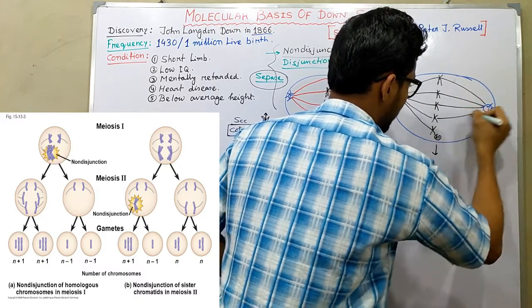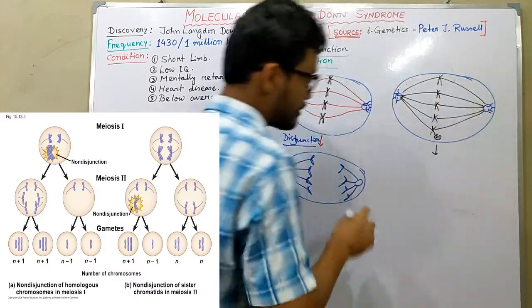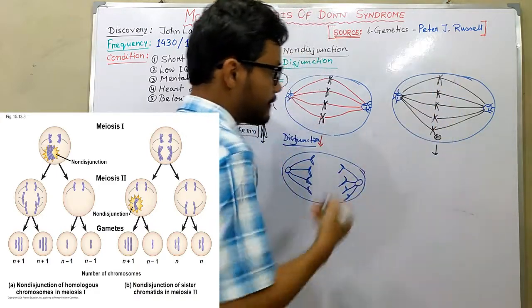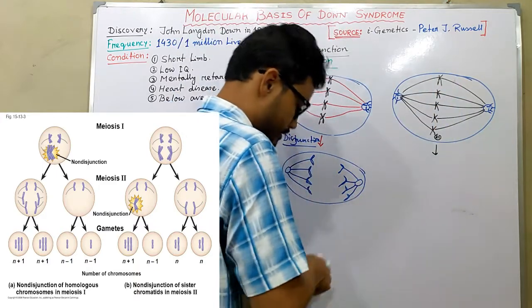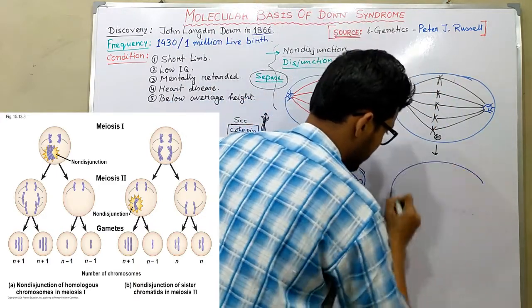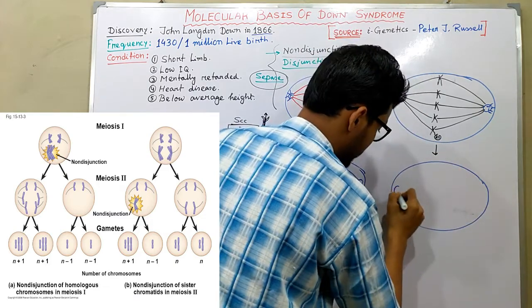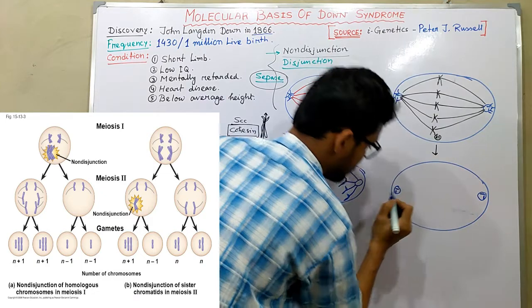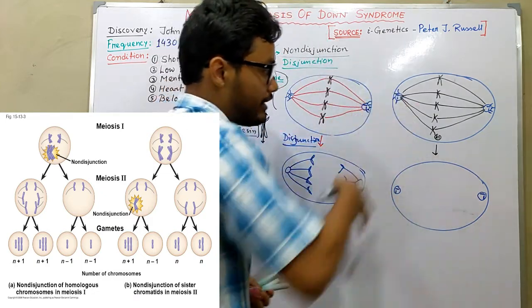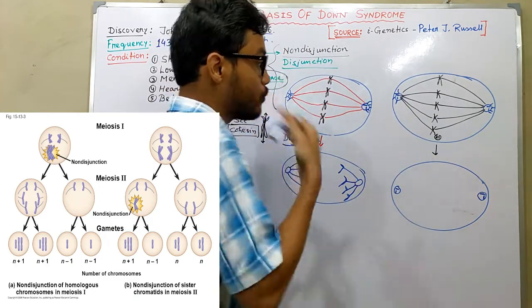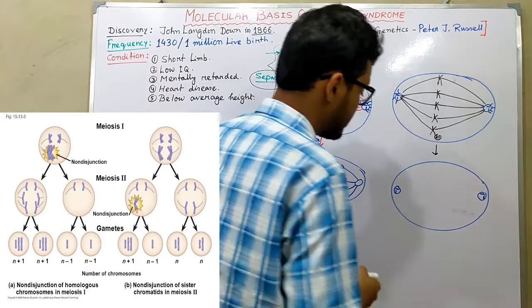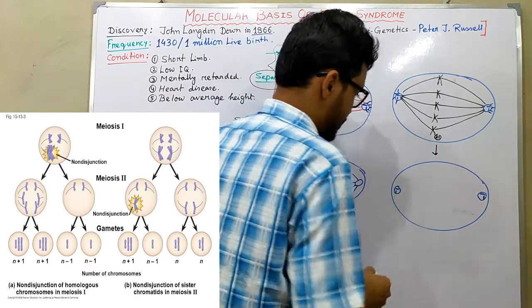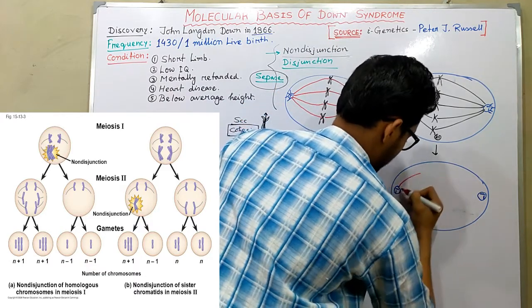Here, non-disjunction particularly occurs. So what is non-disjunction? When the chromosome or pair of chromatids doesn't separate well or doesn't segregate well, this condition is known as non-disjunction.